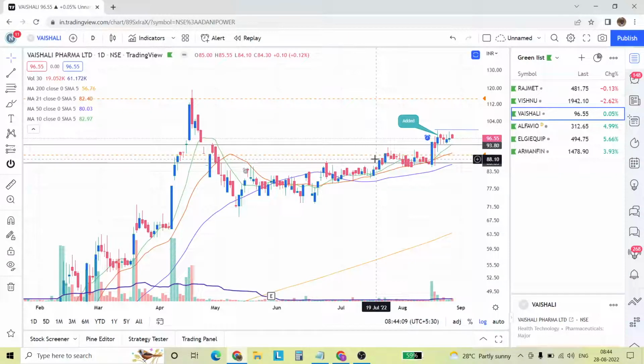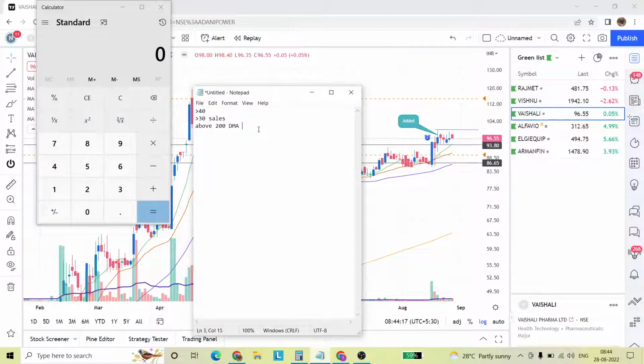The other thing is diminishing of supply. Basically there should not be supply. So if you want me to write it down, this is price or volatility contraction, and the other thing is diminishing supply, because only when there is no supply will our stock go up in the line of least resistance, as Jesse Livermore calls it.